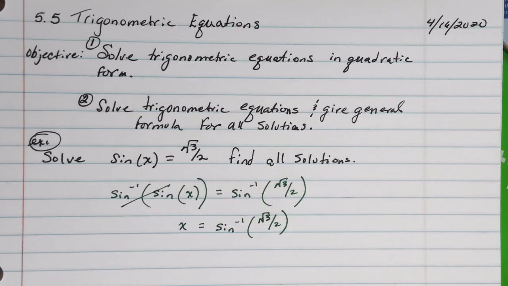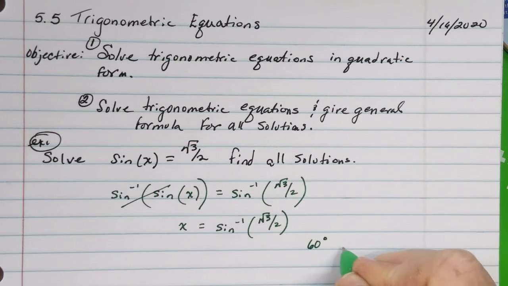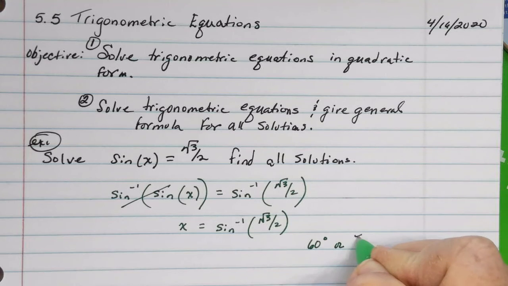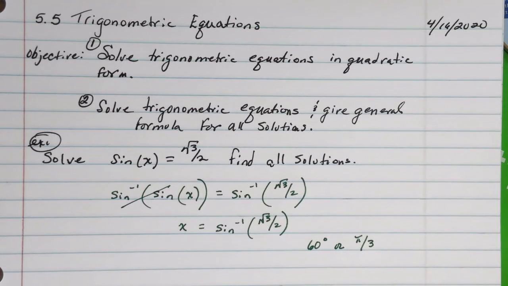And you can plug that into your calculator if you don't particularly remember when the sine will equal square root of 3 over 2. And you will find that it's, if you're working in degrees, 60 degrees, or pi over 3 if you're in radians. But let's think about this conceptually for a minute before we formally write out the answer.